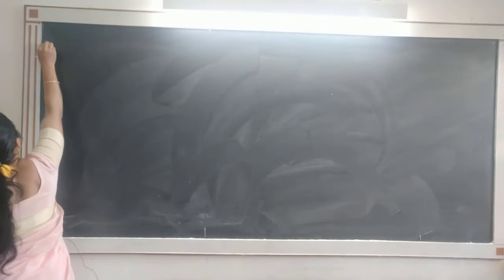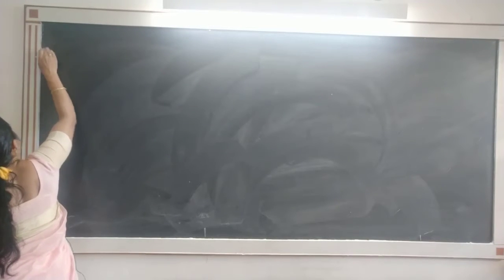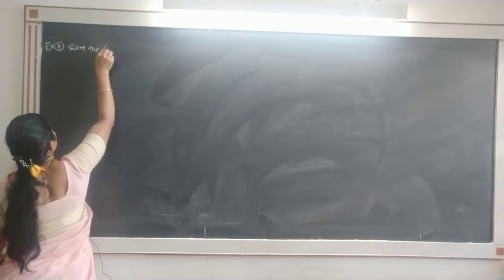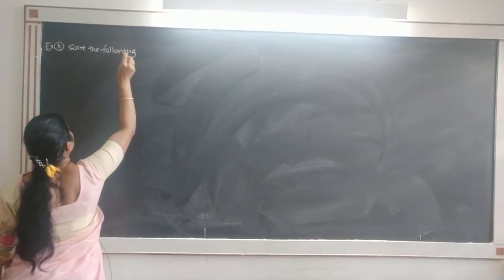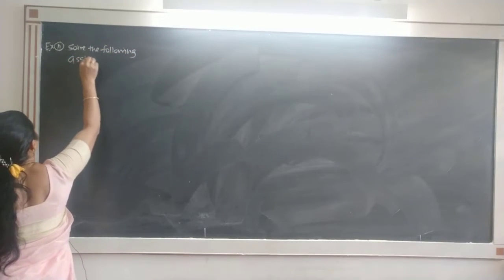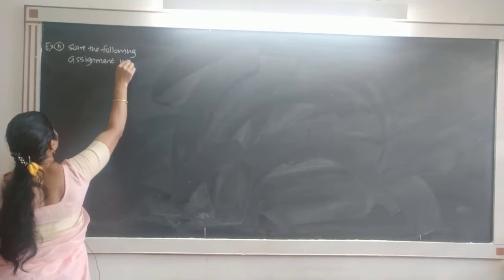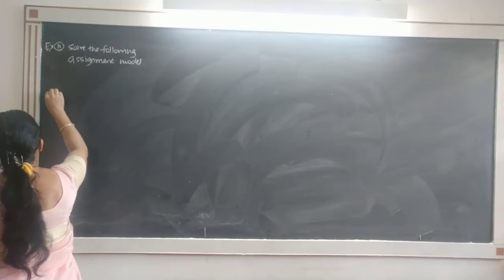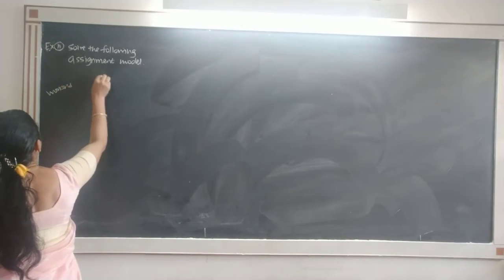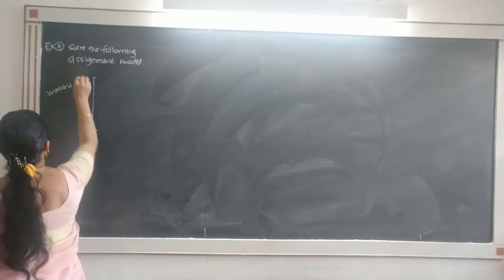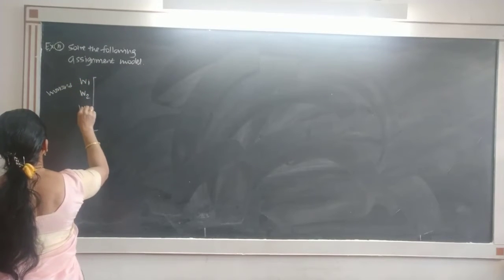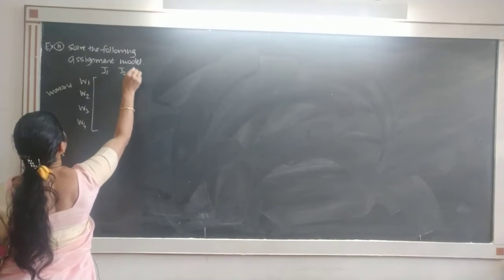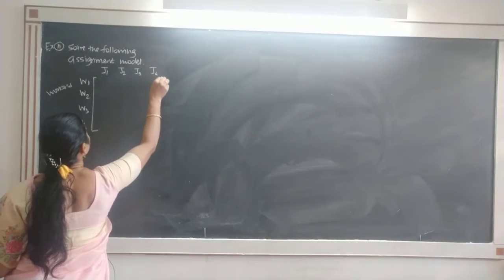So solve the following assignment model. There are 4 workers, W1, W2, W3 and W4, and there are 4 jobs, J1, J2, J3, J4.